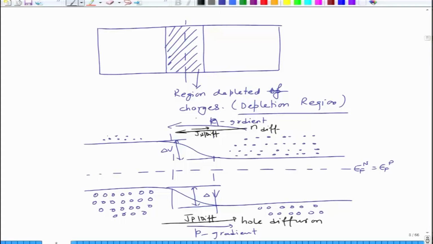Counteracting these you have Jn drift and Jp drift. This is because of the electric field which is set up inside at the junction. These two cancel each other, as a result you have 0 hole current and 0 electron current, so total 0 current in the semiconductor device when you do not apply an external field.